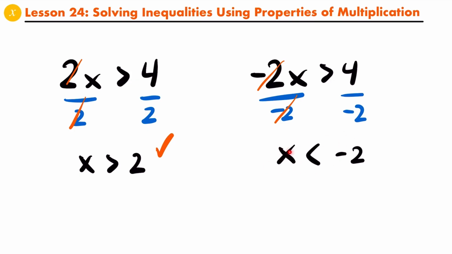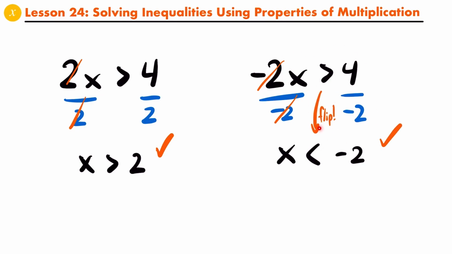Okay, values of x less than -2 will make the original inequality true. For example, let's pick a value of x less than -2. Let's say -3. -3 times -2 would be +6, and +6 is greater than 4. So that checks out. Values for x less than -2 will make this inequality true.